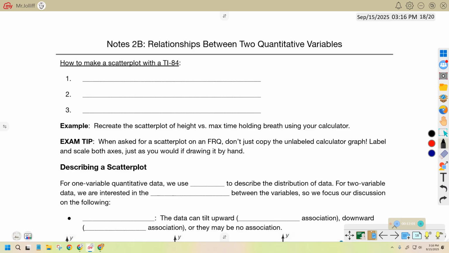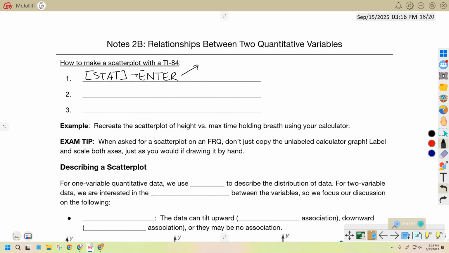If I want to make a graph of some data on my calculator, what's probably the first step? Not the graph button. Stat. Yeah, there you go. Get the data in the list, right? Get the data in the calculator. So stat, and then enter will take you to the edit menu.